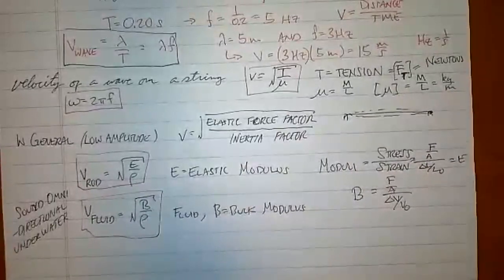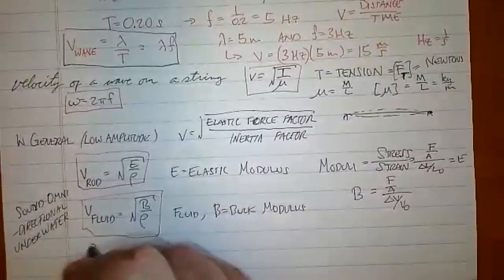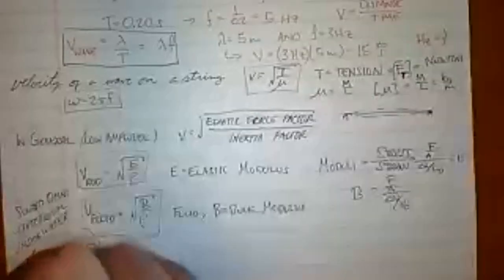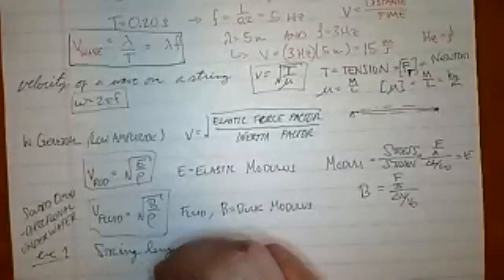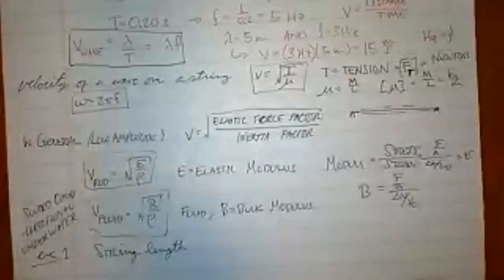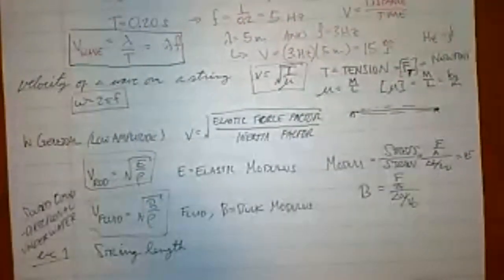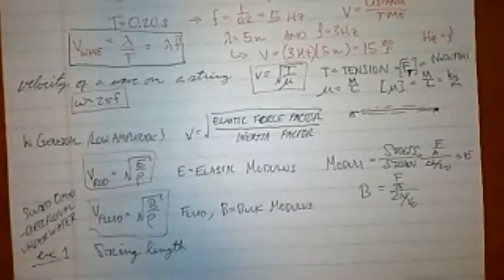So for instance, if you wanted to play a particular note, and let's say a guitar has a string length. So this will be example 1. String length of, let's actually see, I have a banjo here, because I'm a banjo playing man. I should know this off the top of my head, but I don't.